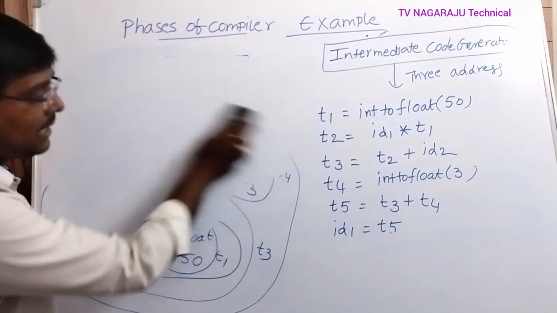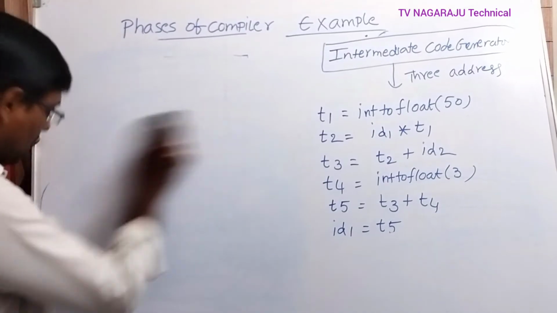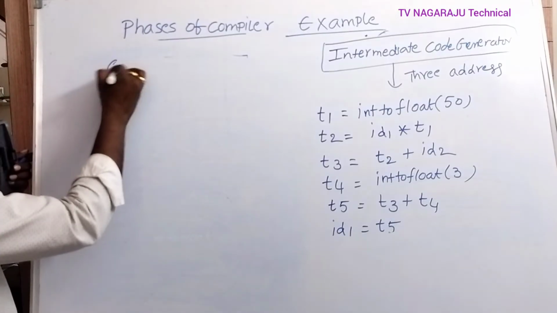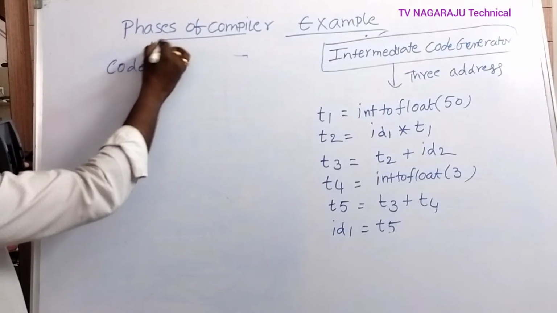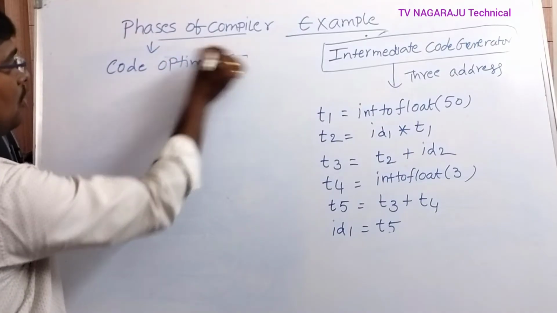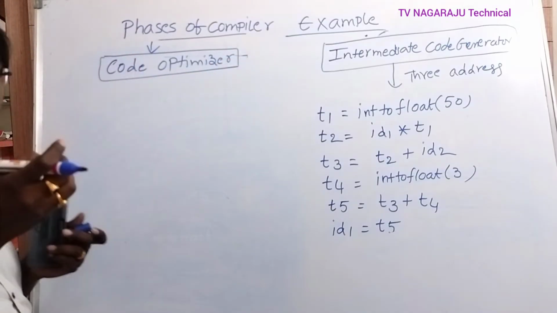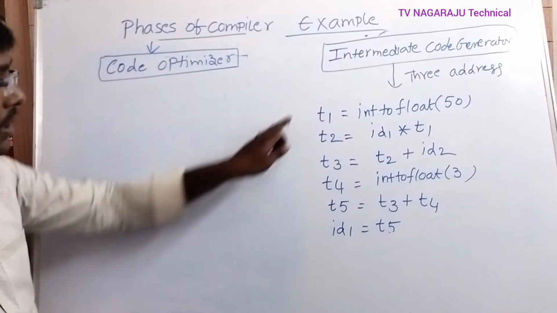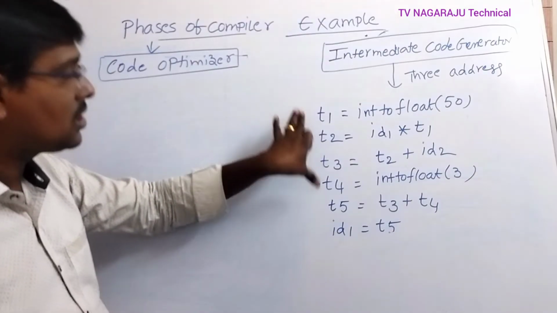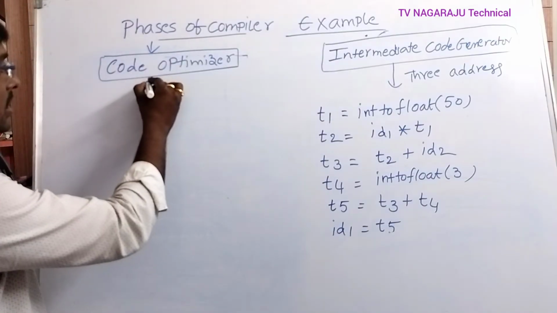Now, this intermediate code is passed as input to the code optimizer. This is the fifth phase. What do we mean by code optimizer? It optimizes the code, in the sense of removing unnecessary instructions from the code.